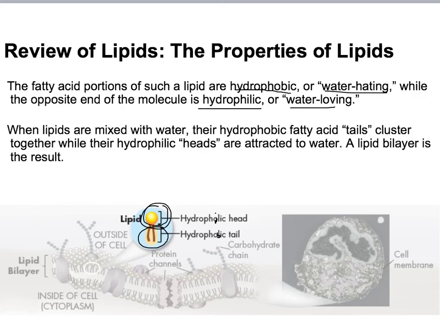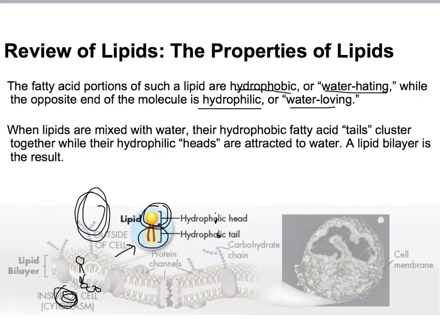So when the lipids are mixed with water, the hydrophobic fatty acid tails here cluster together. So you can see the tails on both sides of this membrane are pointing inward. So they're attracted to each other, and the hydrophilic heads, which are attracted to water, face the outside. So you can see the hydrophilic heads are on the outside of the membrane because there's water outside our cells and inside of our cells.